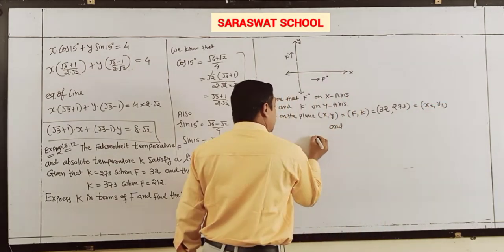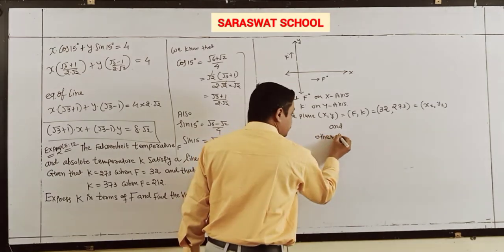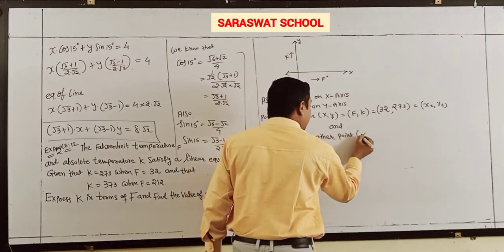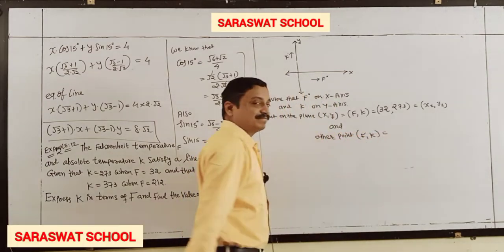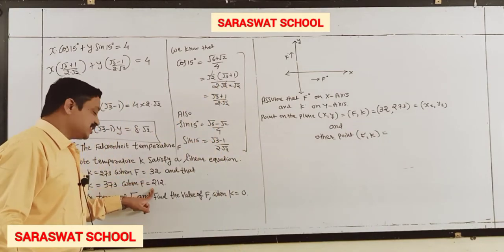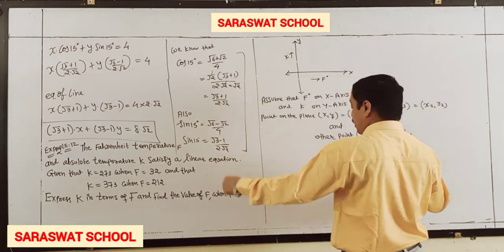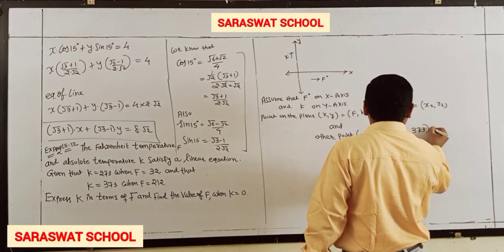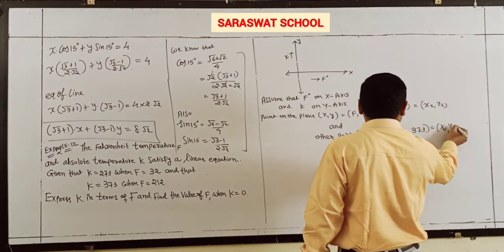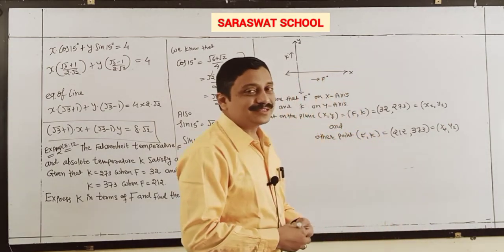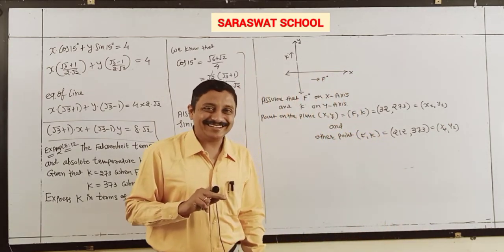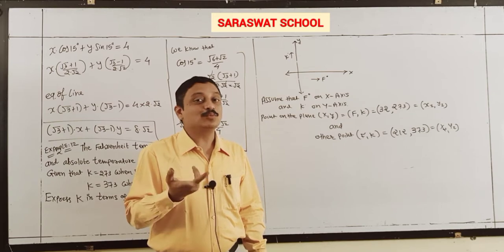And another point on the plane: F is 212 and temperature K is 373. I will take it as x2, y2. Now two points are given on the line, so it is the two-point form.